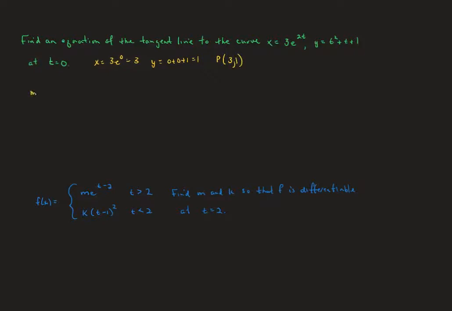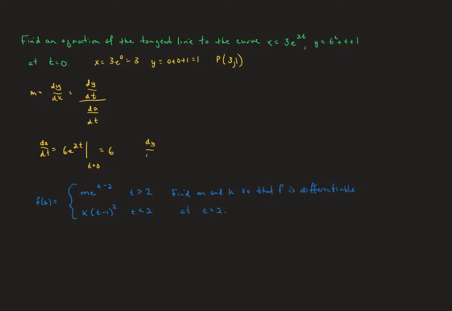To find our slope, we need dy/dx, and to get dy/dx, we need dy/dt over dx/dt. So let's see, dx/dt is going to be 6e to the 2t, and if we evaluate that at t equals 0, that will be 6.